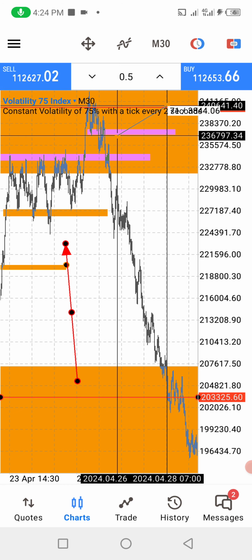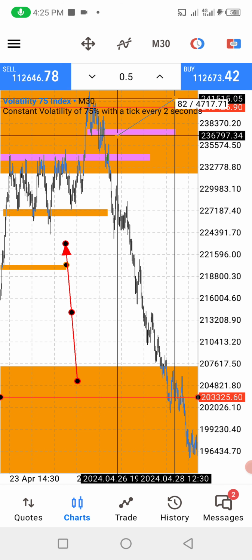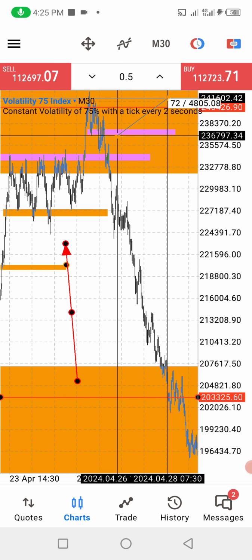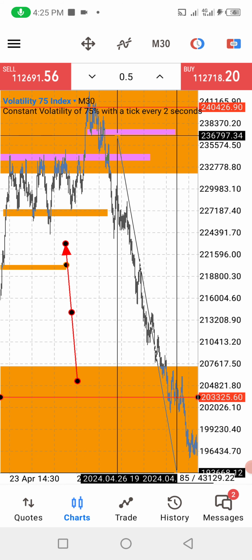That means it becomes a resistance. So you can place your SL somewhere here, because price cannot come to that resistance again. When you do that, you risk around 5,000 pips, but you are cashing over 40,000 pips.